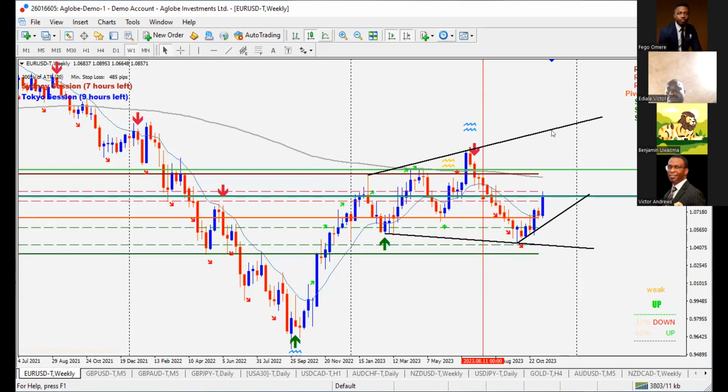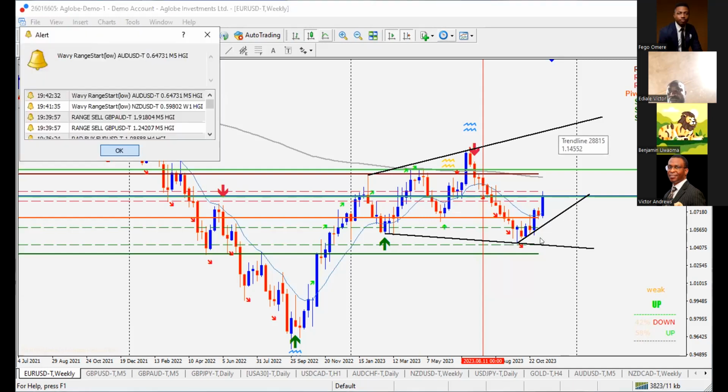And if it does, it means that there is something wrong somewhere. It's either it will skyrocket big time to the upside, or it will drastically fall to the downside and break this low. All right. That is if it gets to this level.